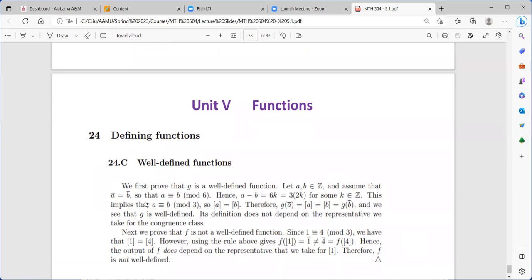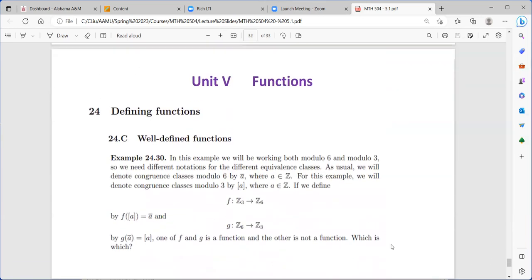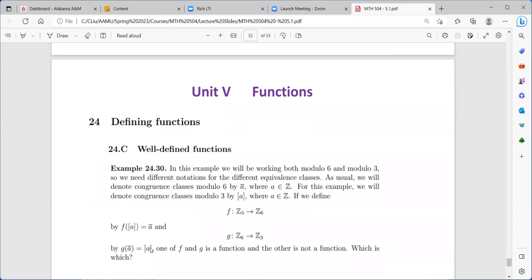All right. Then we need to prove that under G, we end up with the same congruence class modulo 3 by this rule G. Let's see why.